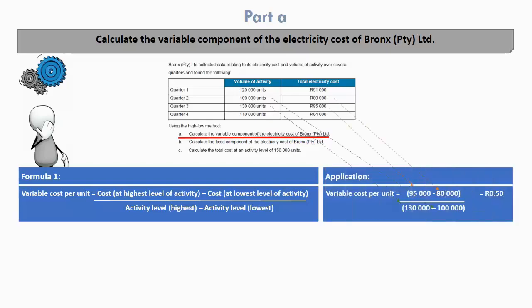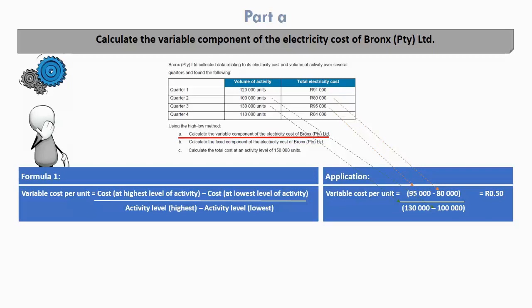The cost at the highest level of activity, which is 130,000 units, is 95,000 rand. And the cost at the lowest level of activity, which is 100,000 units, is 80,000 rand.